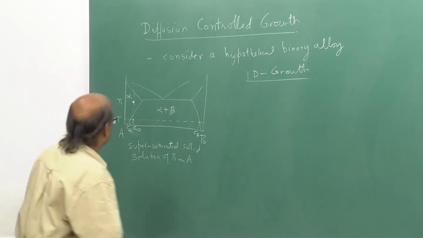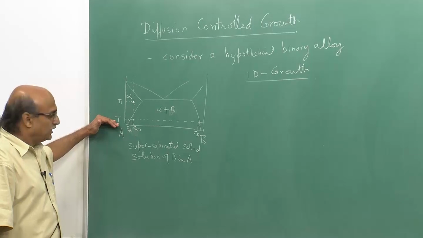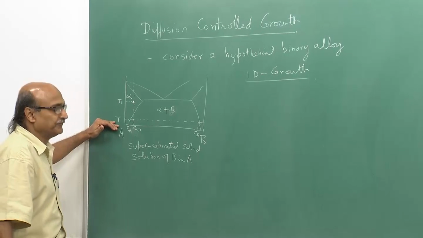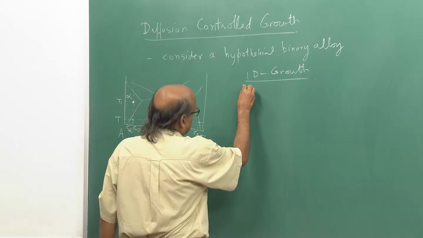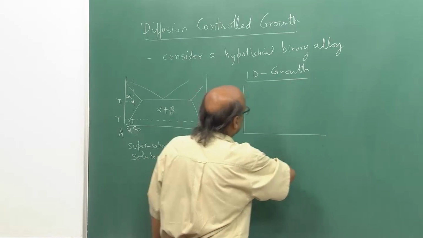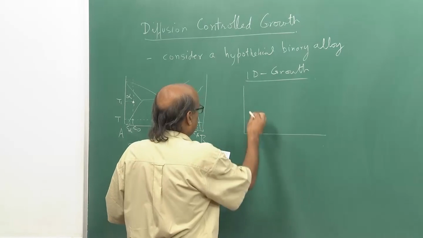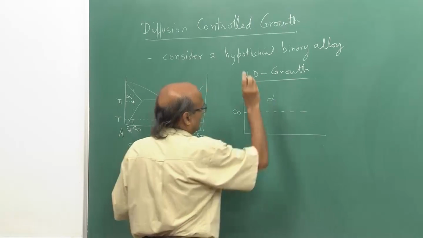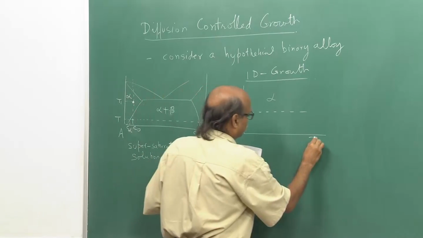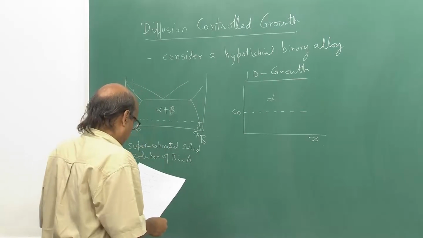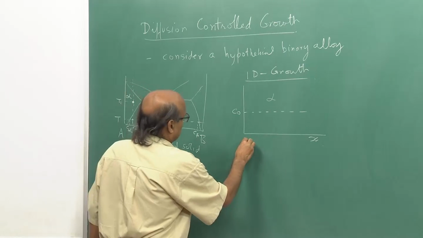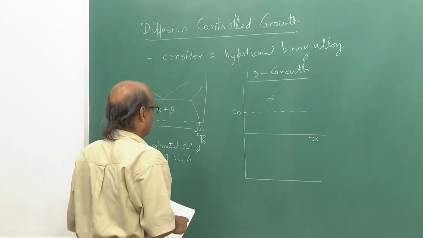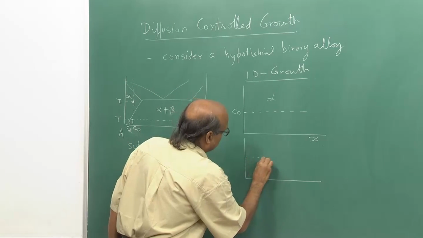So, at time t equal to 0, when we bring the alloy to temperature T, we quench it from T1 to T. At time t equal to 0, all one has is composition C naught, and we have only the alpha phase. But as a nucleus forms and then it starts to grow, we have a picture like this.